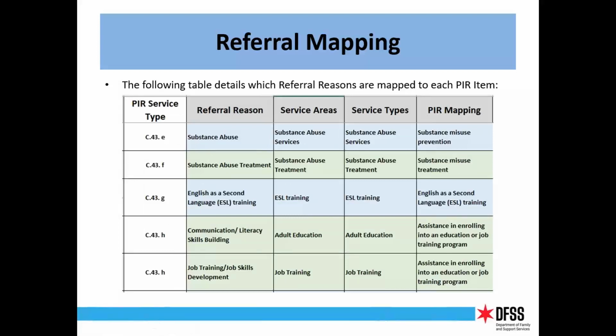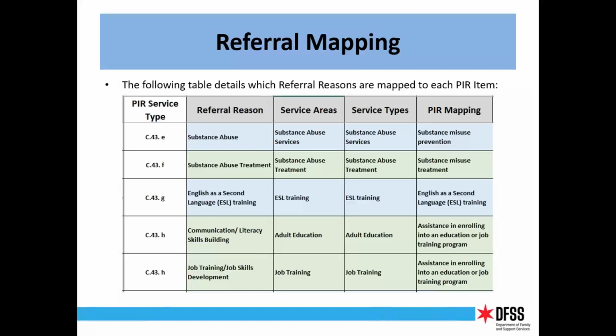Again, this was actually on the old one, but I did not notice it previously, so I'm not sure when it was added. Substance abuse services used to be a single line, and is now broken out into substance abuse services and substance abuse treatment, which makes me suspect that by services they mean prevention. So we have prevention and treatment as separate categories.